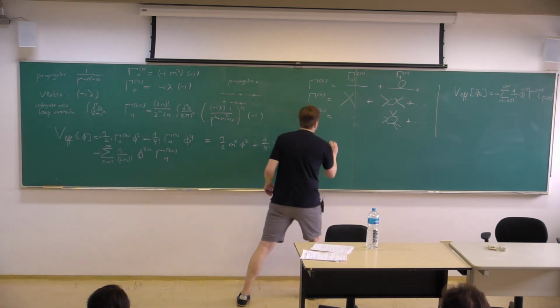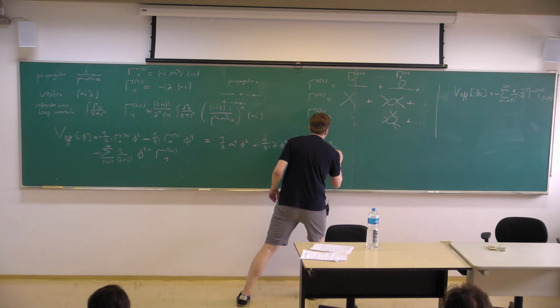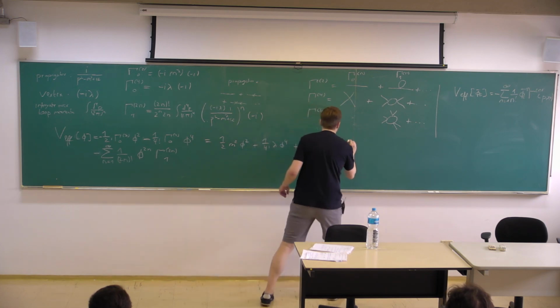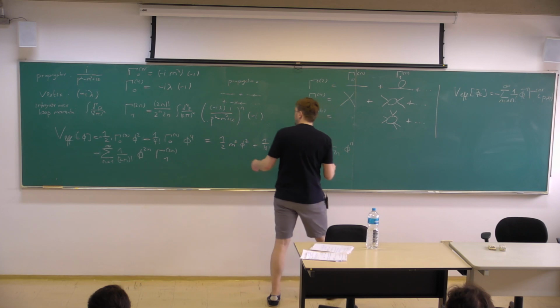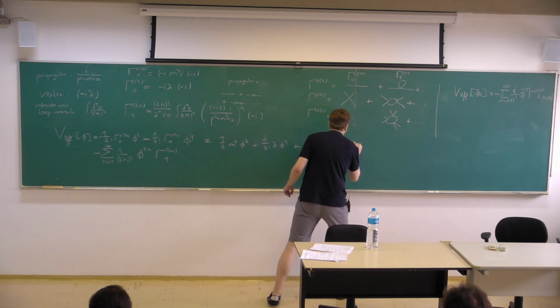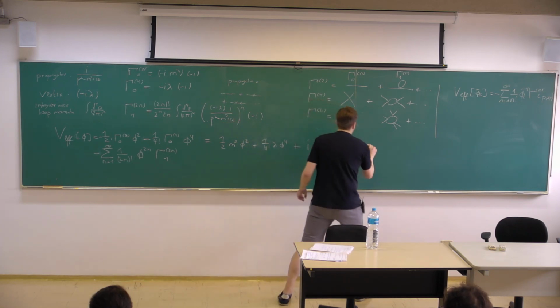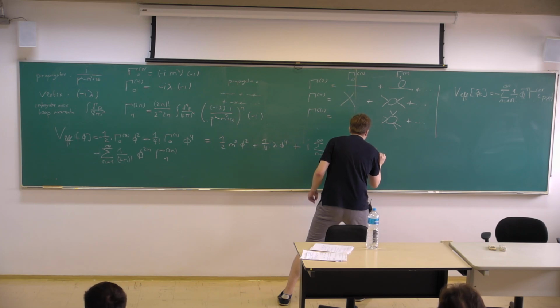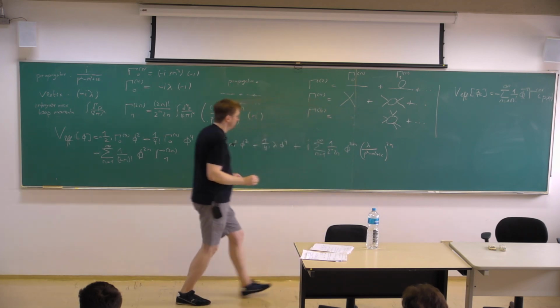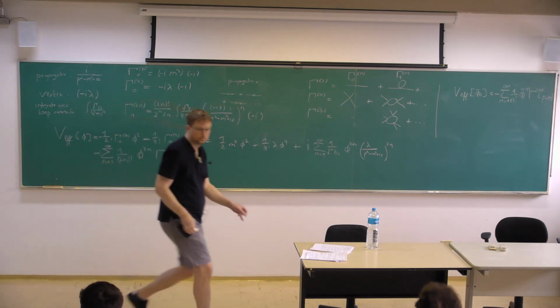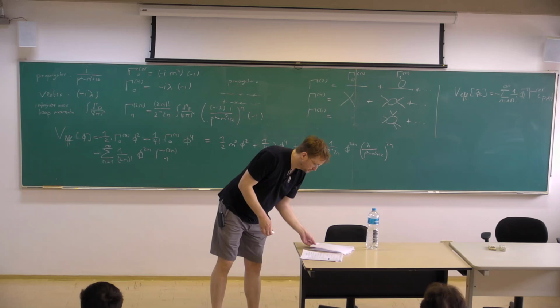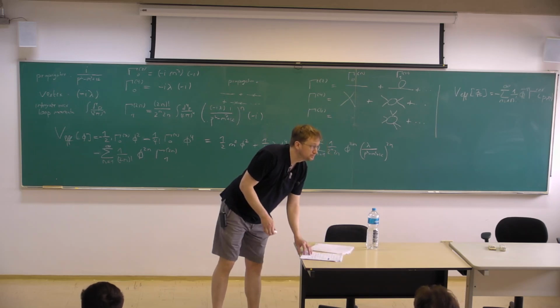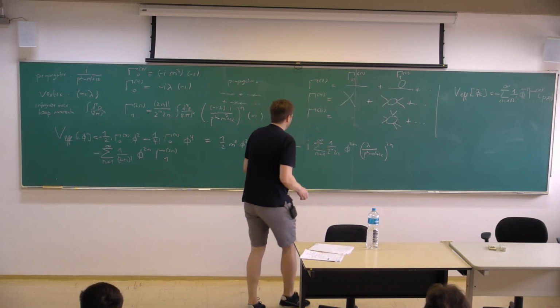So I can write 1 over 2 to the n, and a phi to the 2n again, and then this propagator here, so it's lambda over p squared, integrated over the momentum. Yes, very important.